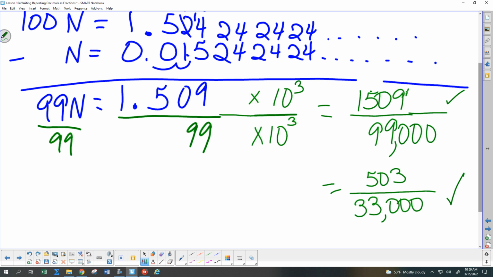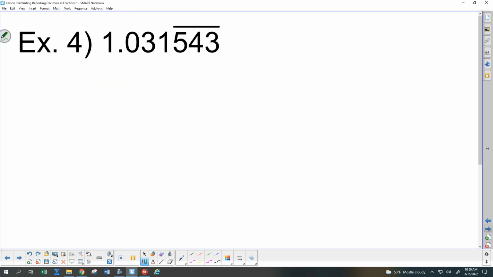No, can't reduce it any further. So we would stick with the 503 over 33,000, but don't forget to check, because it's wrong if you don't reduce it.